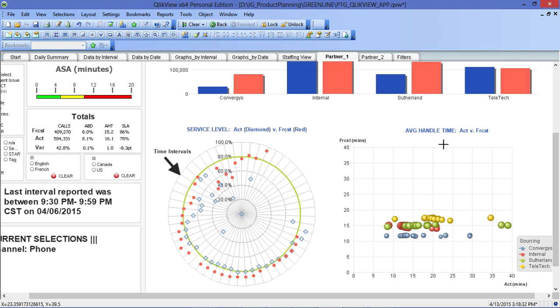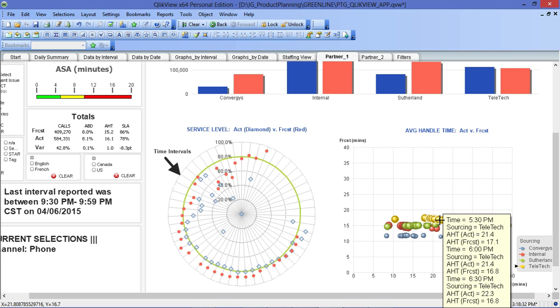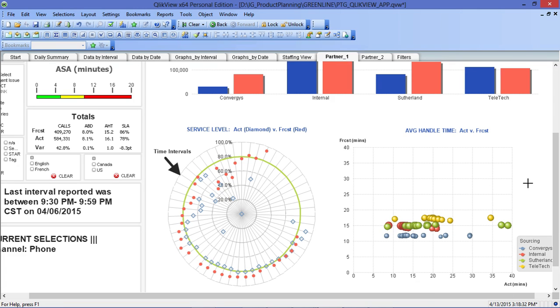So for one example, from an average handle time perspective, who had a good forecast and who had a bad forecasted day. So this represents the actuals. Some of these are 40-minute AHT for this half hour, where they were actually scheduled for a 15-minute handle time.